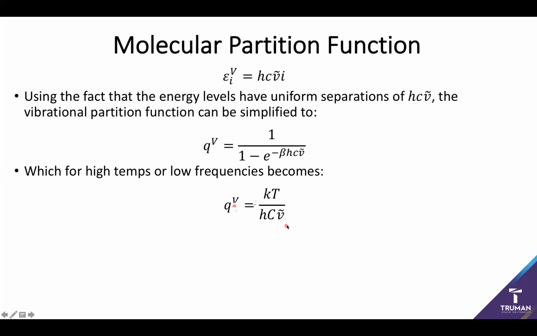So by simply knowing my vibrational frequency, either if I'm dealing with tightly packed energy levels, as demonstrated by low frequencies and low separation, or high temperatures where we're able to overcome those low frequencies, you're able to get to the actual partition function.